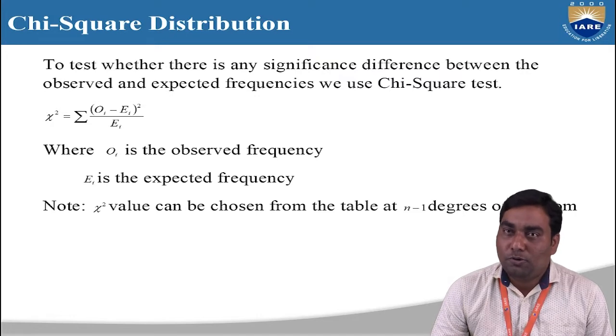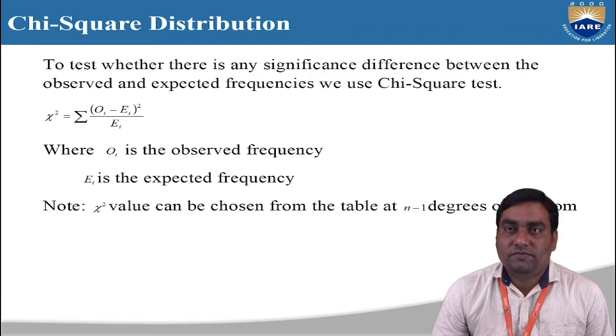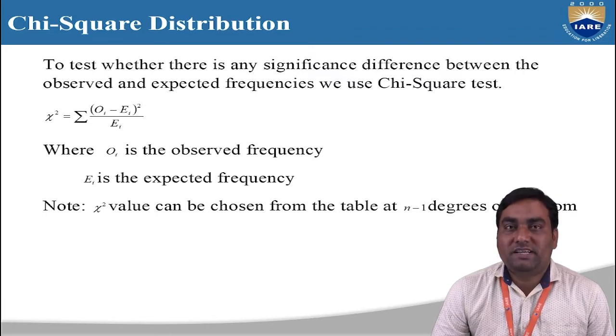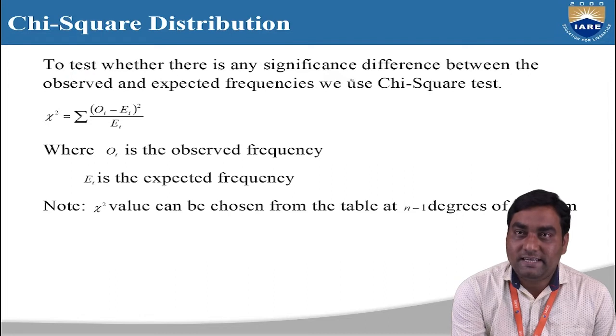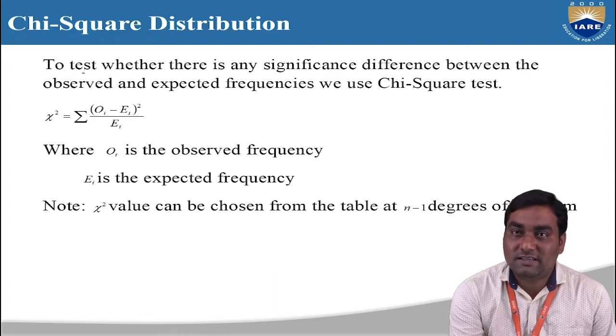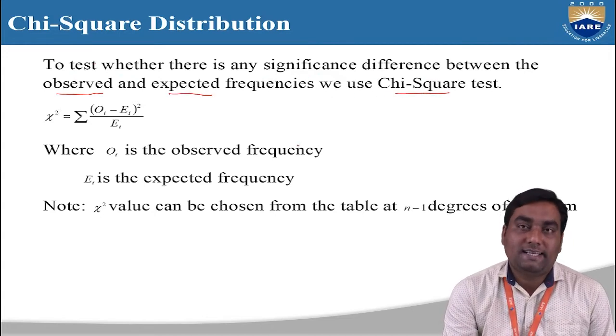We should find the expected frequencies based on the observed frequencies. To test whether there is any significant difference between observed frequencies and expected frequencies, we use chi-square test.